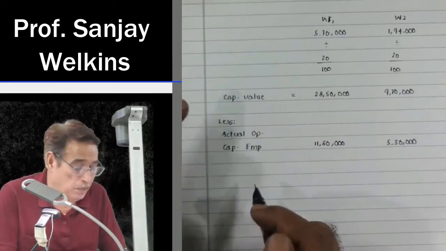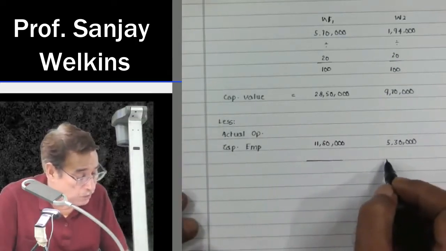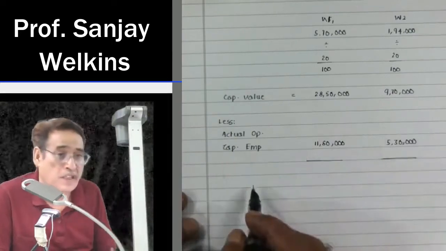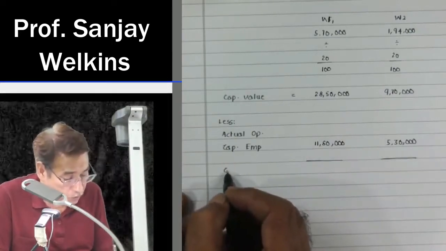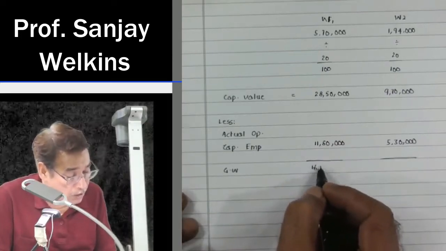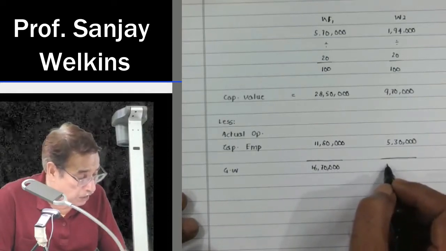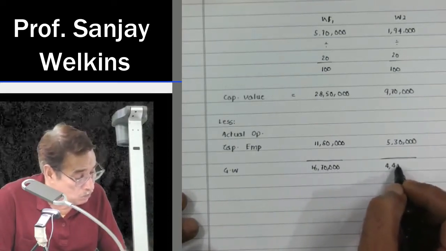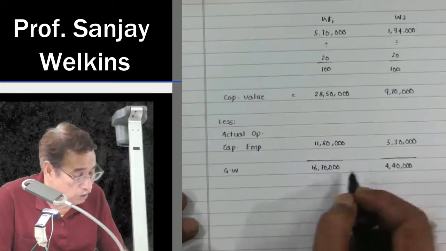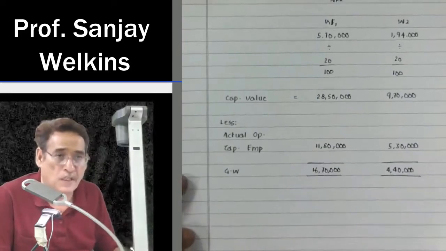Anyway, by subtracting actual capital employed from capitalized value, we get the amount of goodwill. So goodwill will be equal to 16,70,000 and 4,40,000. This is how you have computed the amount of goodwill in this case.